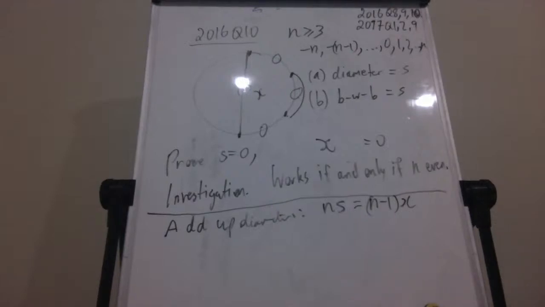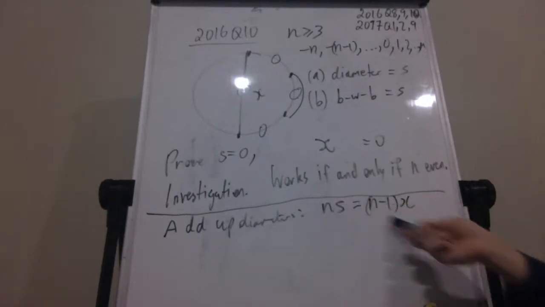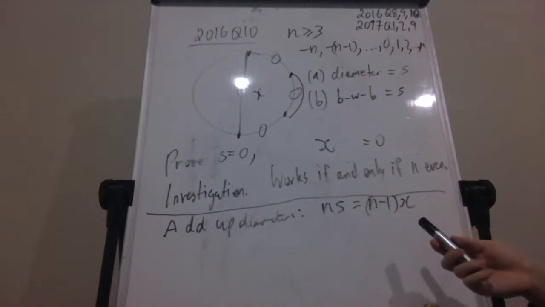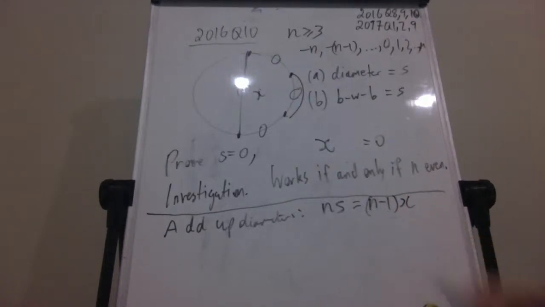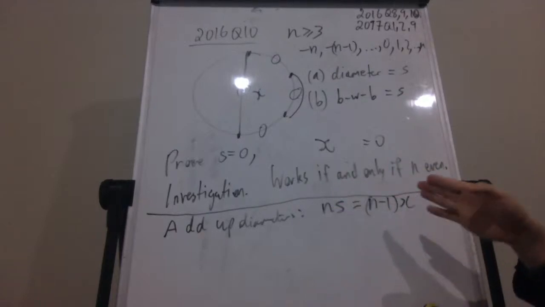So n and n minus 1 must not share a common factor. If you look at the theory we've been doing, n divides this, and n does not divide n minus 1.